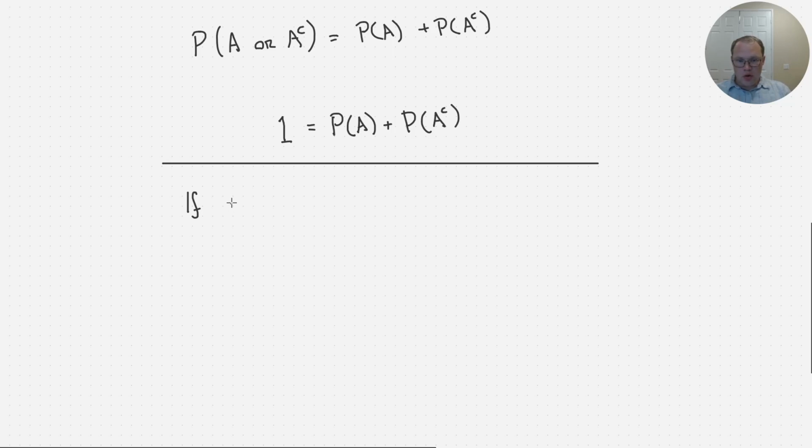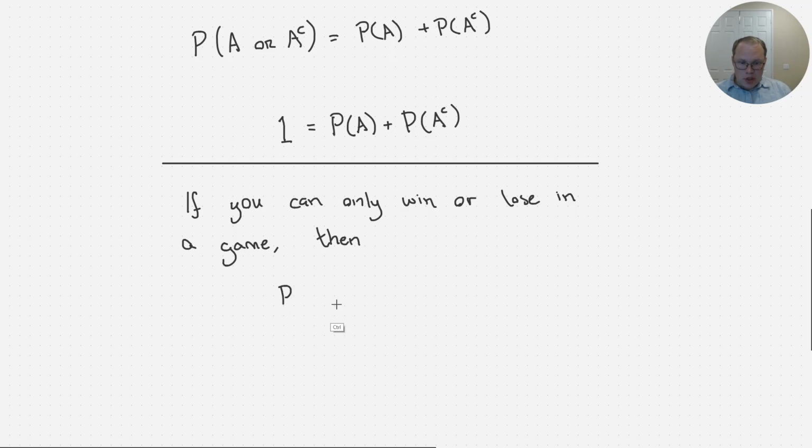If you can only win or lose in a game, then the complement of winning is losing and the complement of losing is winning. If you do not win, you lose, and if you do not lose, you win. Again, we're assuming there's only two possibilities here: you win or you lose.